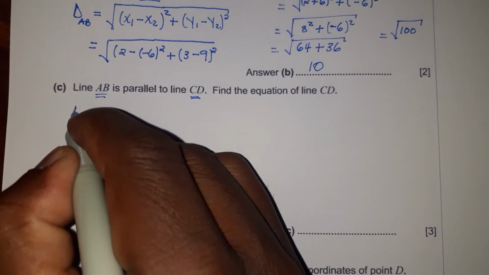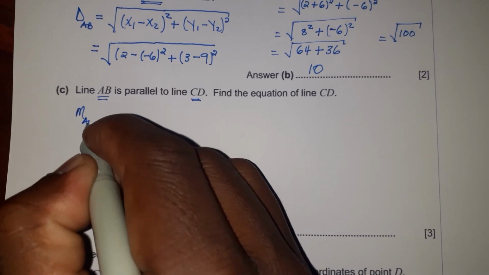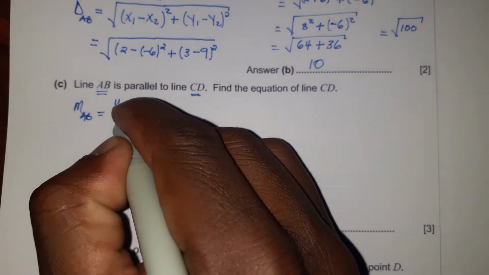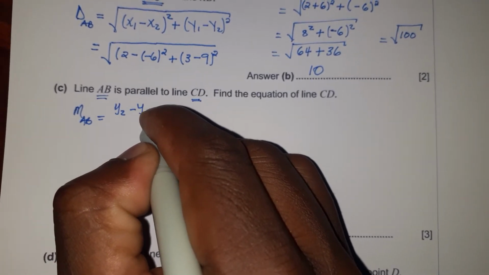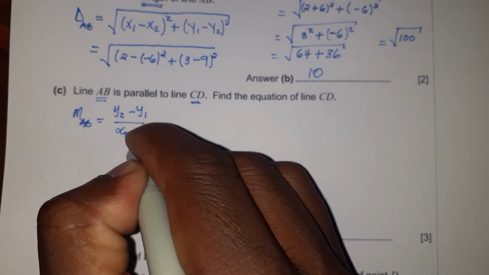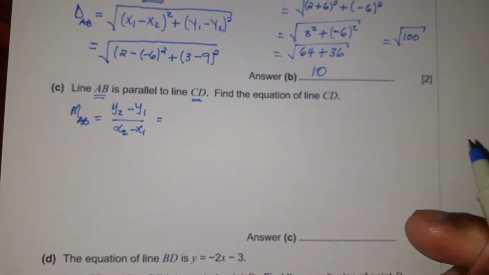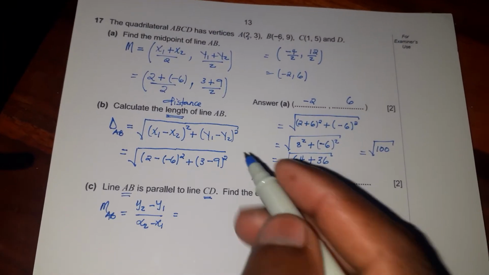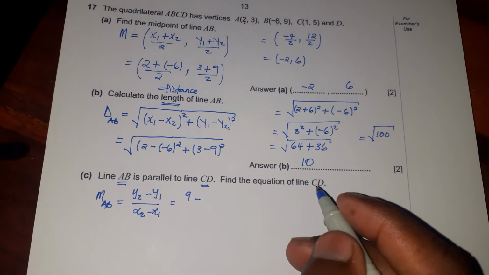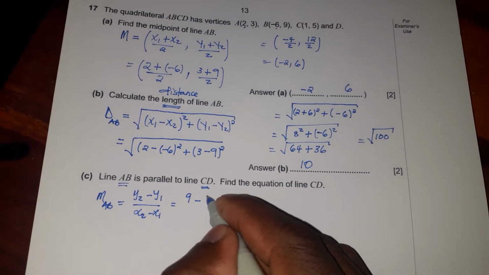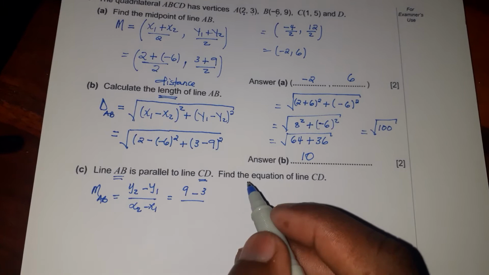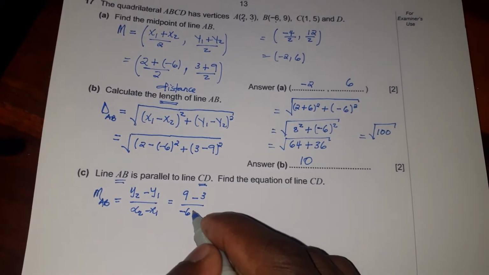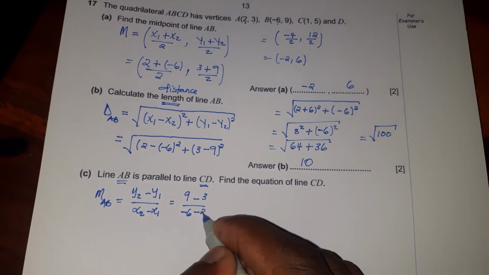Then the gradient, small m for AB, the gradient is given by the formula y2 minus y1, over x2 minus x1. Our y2 from there is 9, and our y1 is 3, while our x2 is negative 6 minus our x1 is 2.